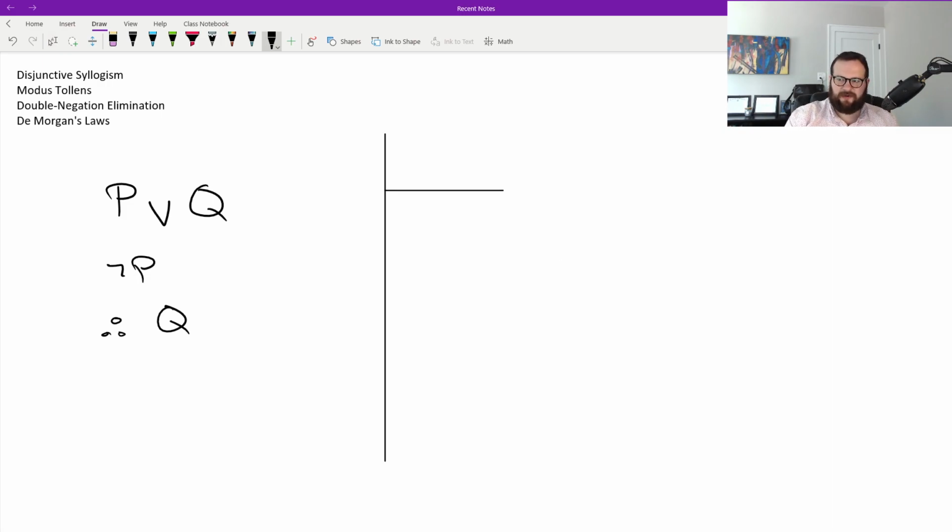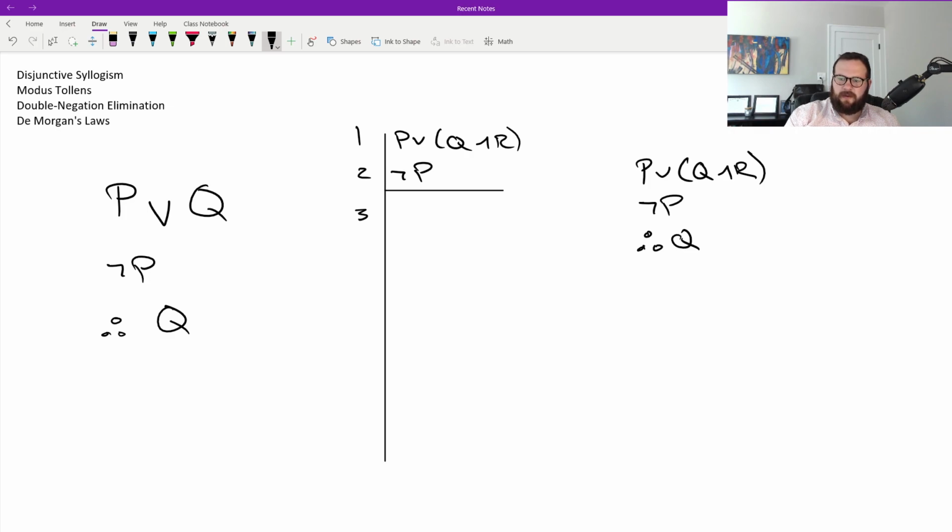Let's build in a little more complication than what we have on the left. Let's say P or Q and R. And we know not P, and so we're trying to derive Q. All right, so step one, let's put our premises down. P or Q and R. Premise two, not P. So using disjunctive syllogism, I can see I have a disjunction with P in it as my first premise.